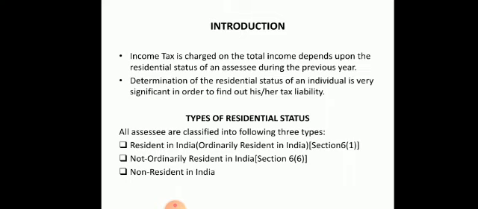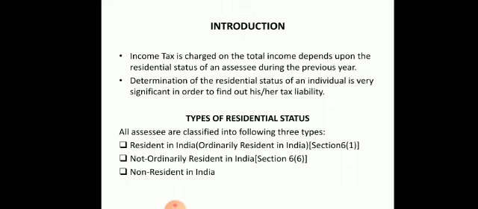The total aggregate income under these five heads is known as gross total income. From the gross total income, we have to deduct the deductions under section 80C to 80U, and the balance value that remains is known as total income of the previous year.